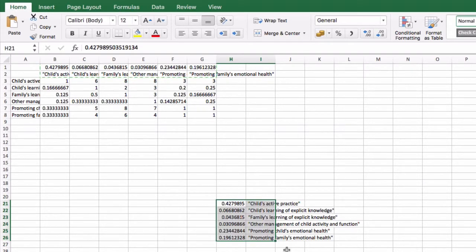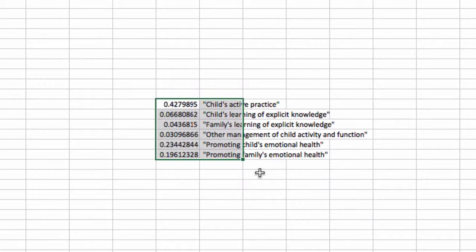So this is the output that you're most interested in from the PRISM. So these are the proportions of the ingredients implicit in those ratings that we made in the online calculator.